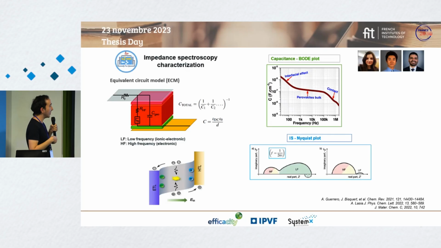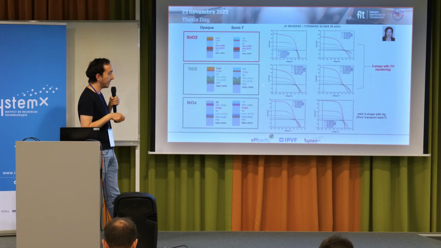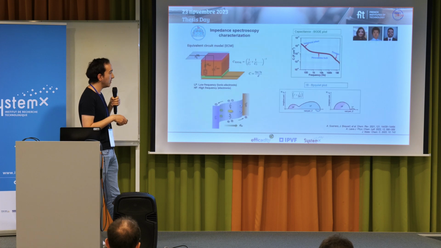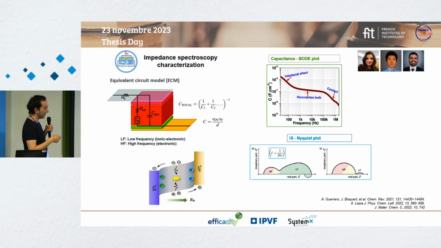So what we are proposing, to better understand the degradation mechanisms of the device, is one of these techniques: impedance spectroscopy. In impedance spectroscopy, we are playing with the frequency. So we basically do the same current-voltage characterization at different points of the operation, and we play with different frequencies. We get resistive and capacitive components that, depending on the frequency, give different meanings.